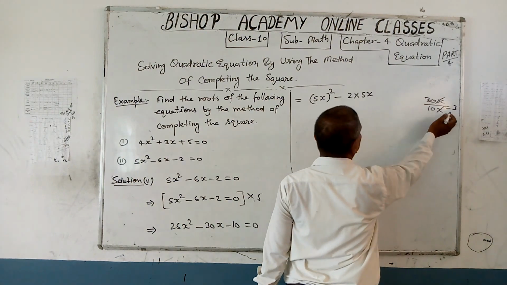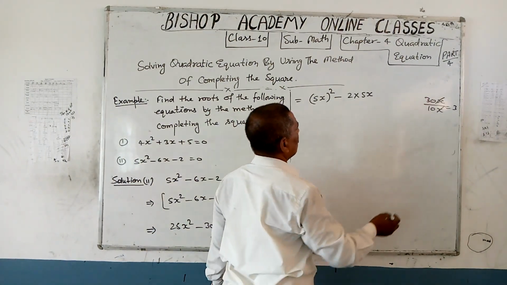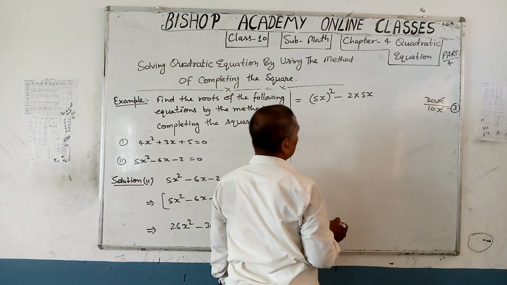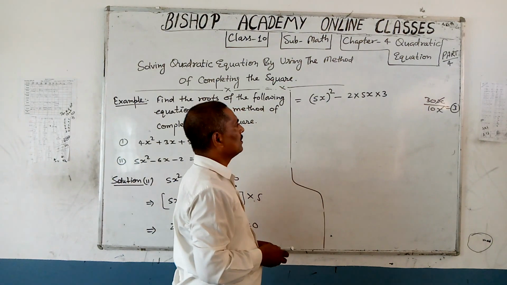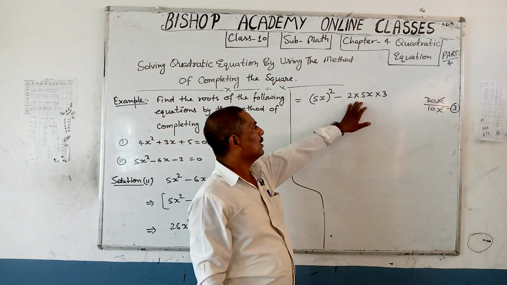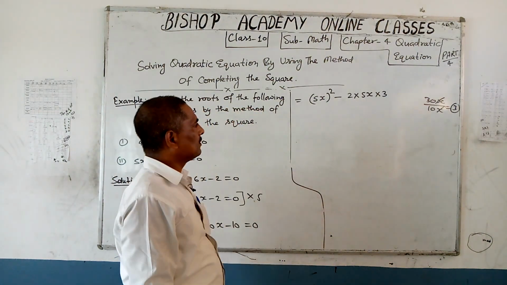X cancels by x, 10 3s are 30. So this quotient is to be multiplied with 5x. So you will write here minus 2 multiply 5x multiply 3.